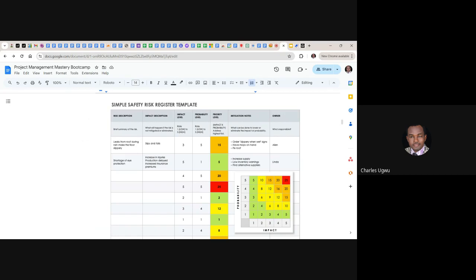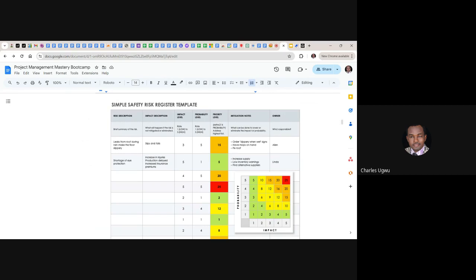Here you see you capture the risk, the impact, the impact description, impact level, probability of the risk happening, and probability level, mitigation plan, and owner of the risk.